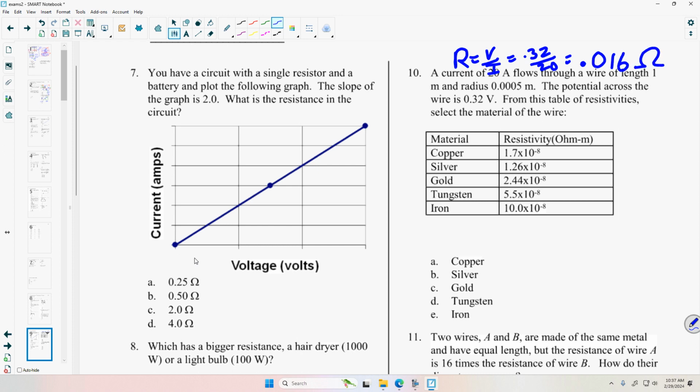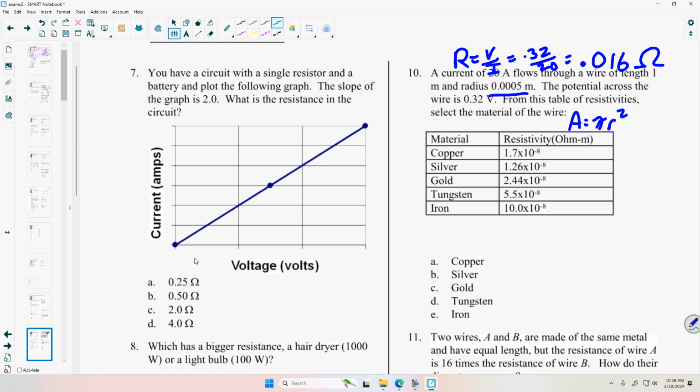The other thing that's different in this problem, that's not in some of the others, is that I don't give you the area, instead I give you the radius. And that might have been the mistake that you made. Maybe not, we'll see. But the radius is that, so I want to find the area. That's pi r squared. So that's 3.14159 times 0.0005 squared.